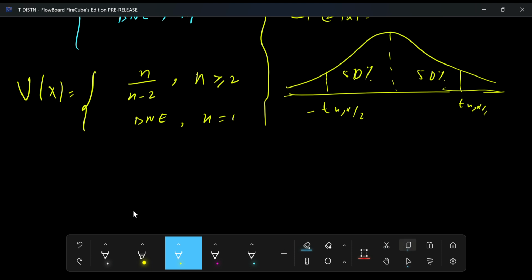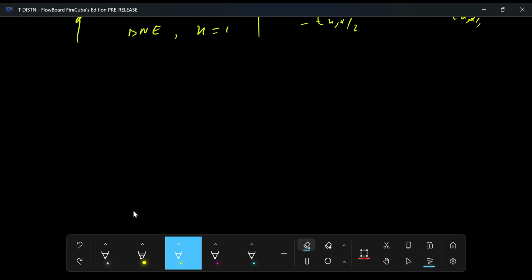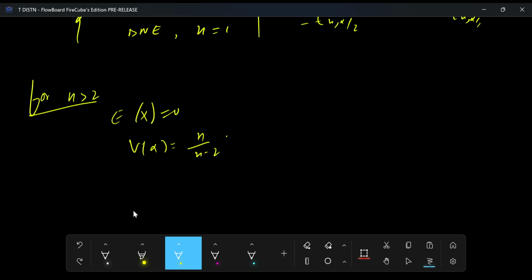So if I write like this, for n greater than 2, expectation of x is equal to 0. Variance of x is equal to n by n minus 2. This variance will exist when n is greater than 2. If n is equal to 2, this will become 0, and the whole term will be not defined.